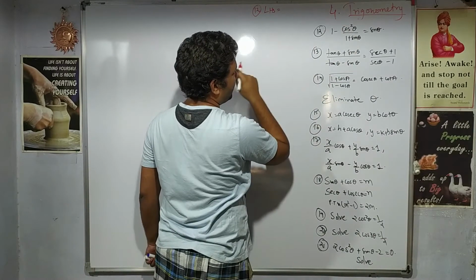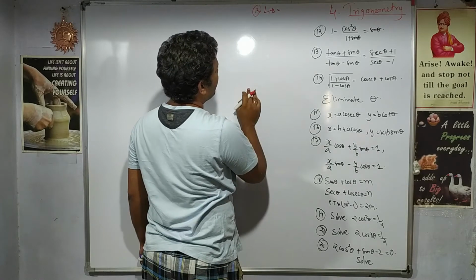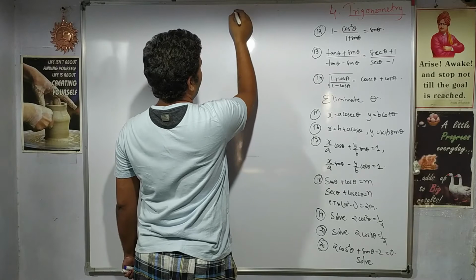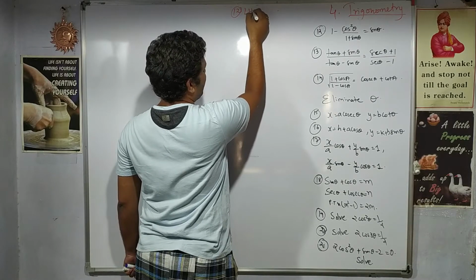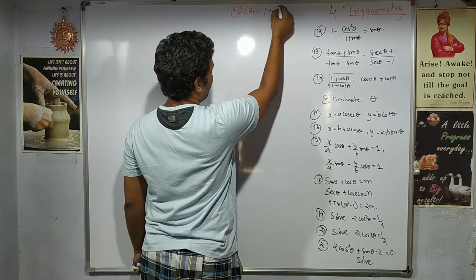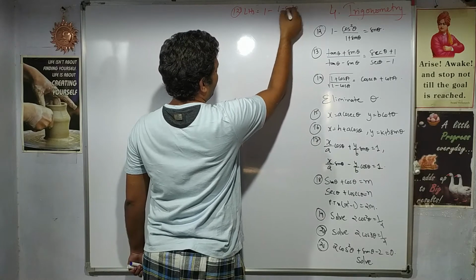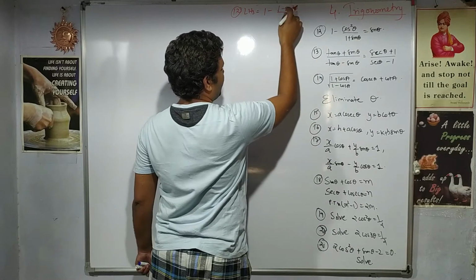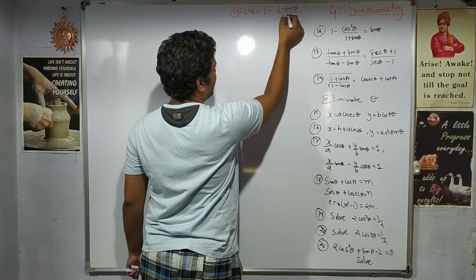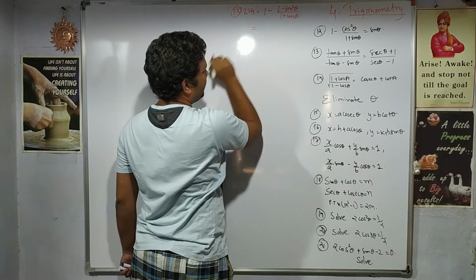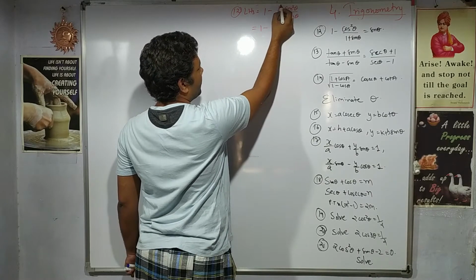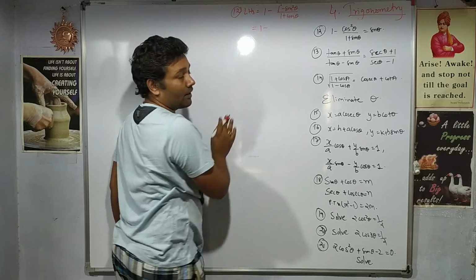Here we'll take, no need of LCM. LHS will be 1 minus cos square theta, which can be written as 1 minus sin square theta. Square relation, if you recollect, cos square theta can be written as 1 minus sin square theta, right? A square minus b square, nothing is there on the top of 1, you can write down square.